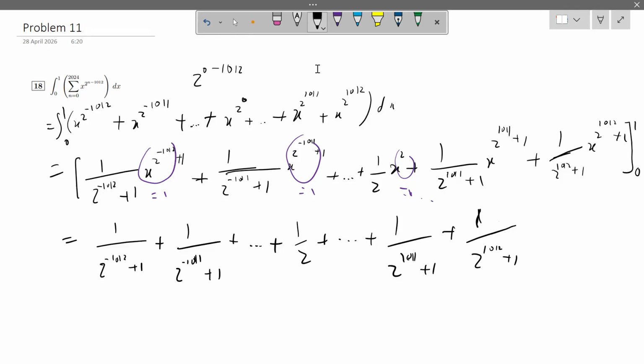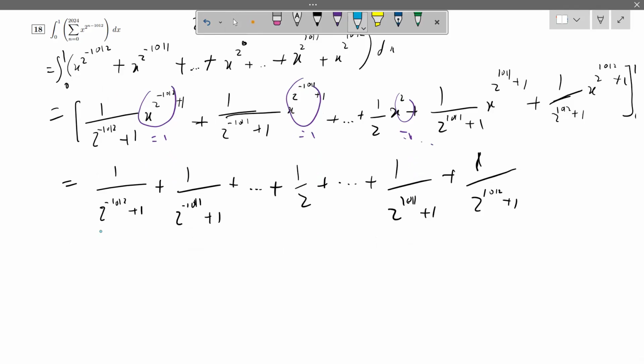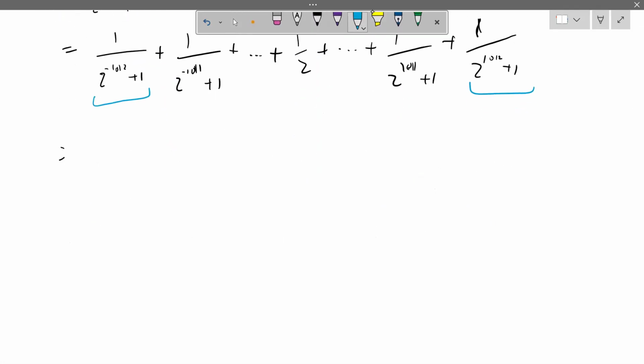Okay, so now let's try to evaluate the sum. The trick here is to take a look at the ends of the summation, the left end and the right end. I'm going to put a bit of scrap work somewhere, maybe here.